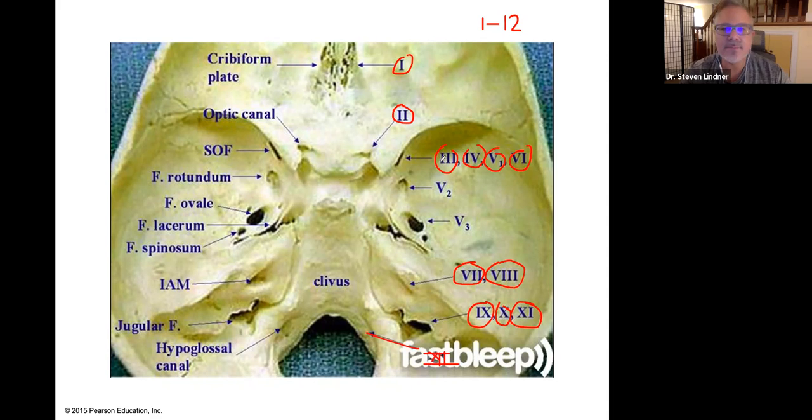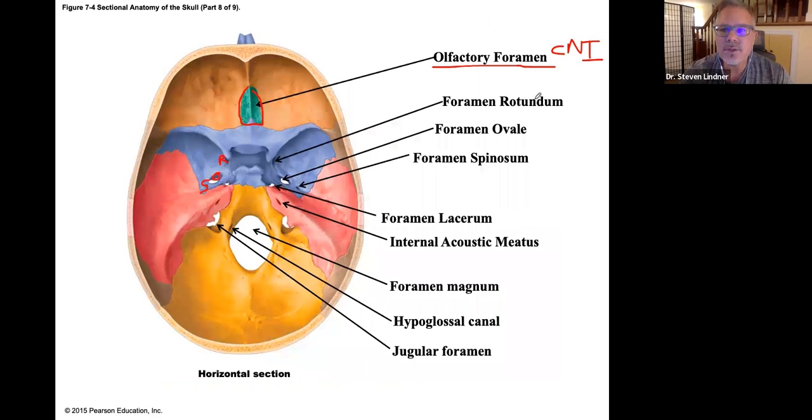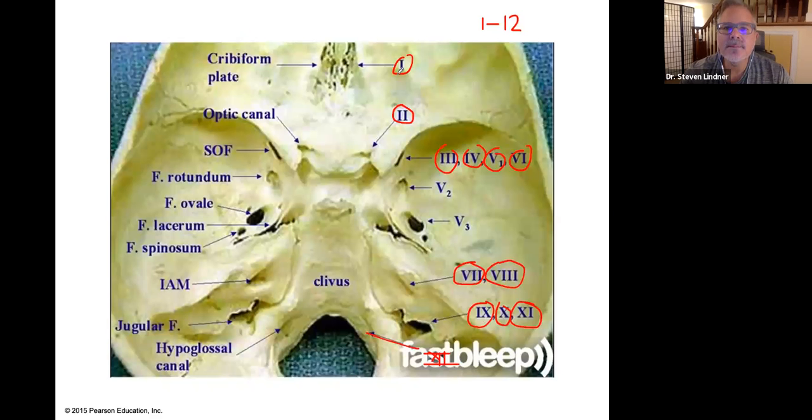Okay, so you can kind of refer back and forth to what structures go through these holes. So we have foramen rotundum, foramen ovale, foramen spinosum. And if we look here, cranial nerve 1, then the optic canal, cranial nerve 2, which is the optic nerve.